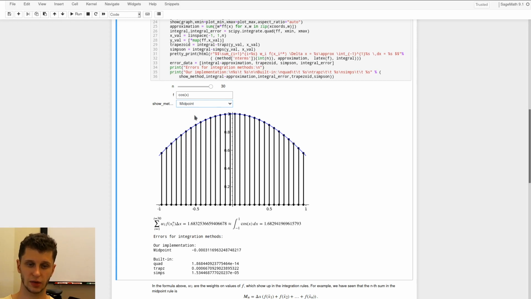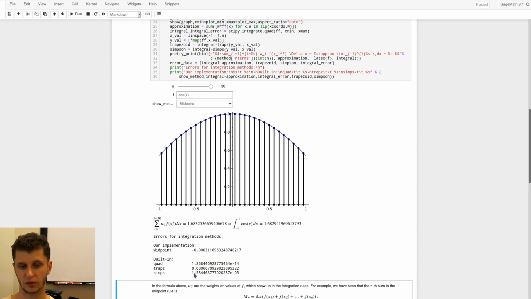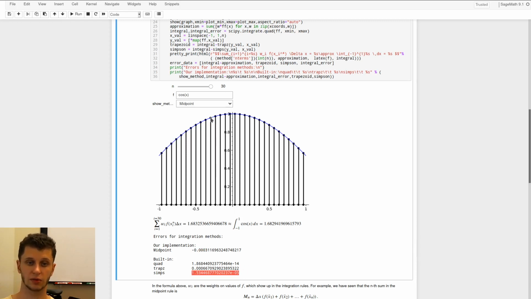And finally, let's just look at how this compares to our implementation of Simpson's rule. So you can see that this is 30 times 10 to the minus fifth, whereas the error of the built-in Simpson's rule is 1 times 10 to the negative fifth.